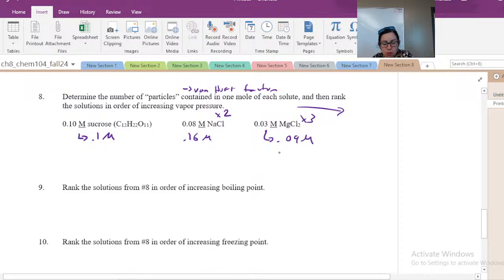Magnesium chloride, since it's the lowest. Now we can order them. Sucrose is in the middle, since it has the middle molarity, and then sodium chloride would have the lowest vapor pressure, highest boiling point.